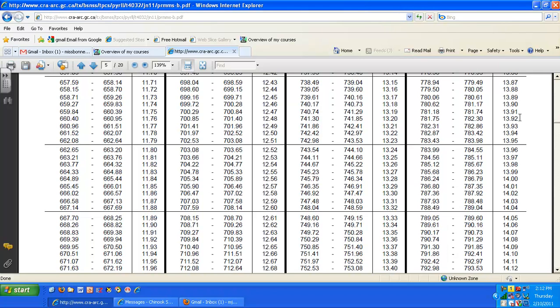So the amount of employment insurance premium that you would pay is $13.92 per pay period. So every time you get paid, if you got paid $782, you would pay $13.92 in employment insurance premiums. I hope that instruction is clear.